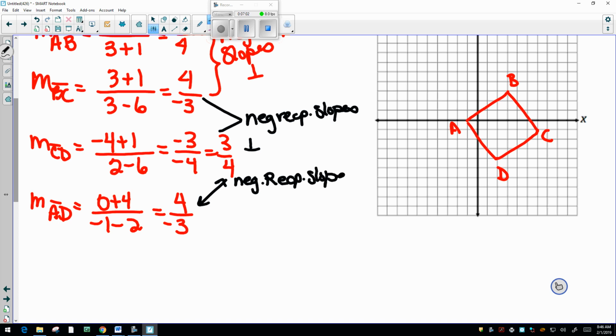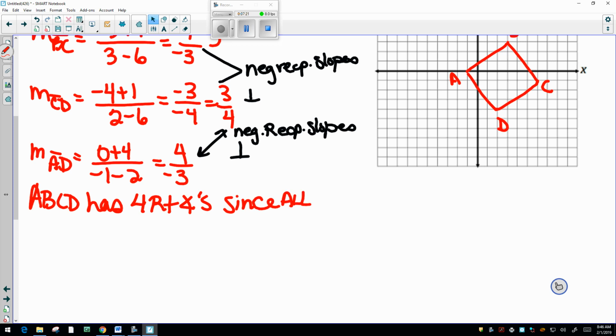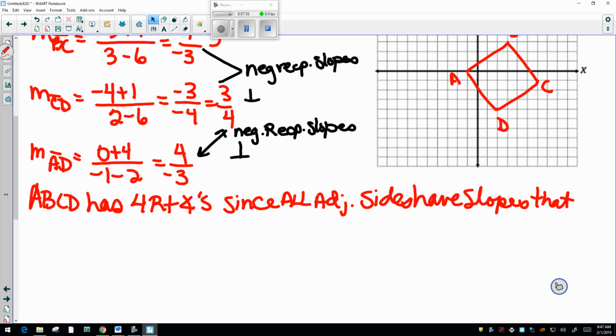So what we have just shown is that I have a four-sided figure with 4 right angles. So I can at least say right now, ABCD has 4 right angles, since all adjacent sides have slopes that are negative reciprocals.